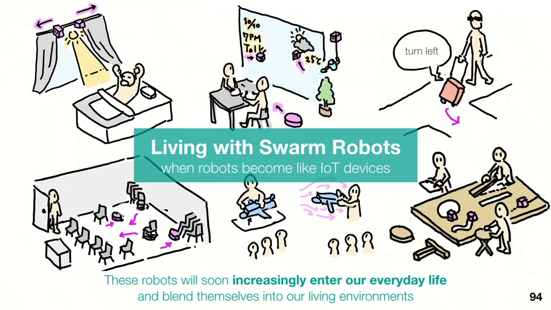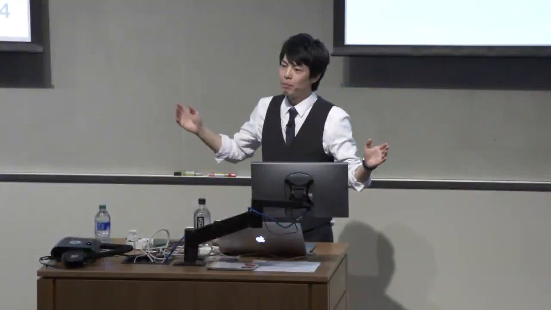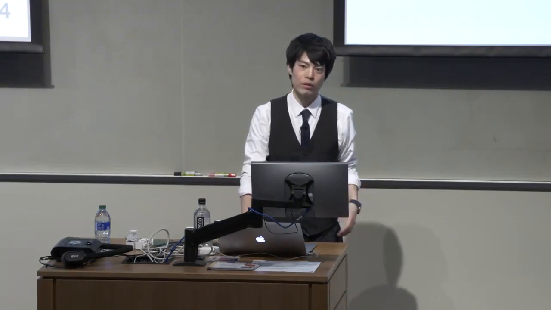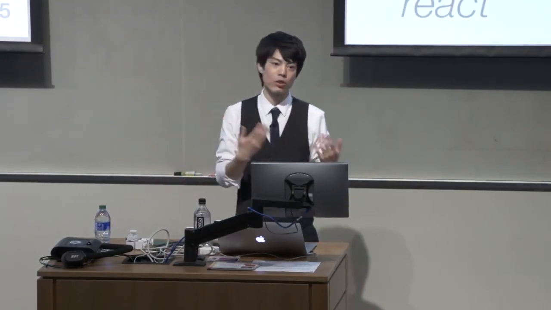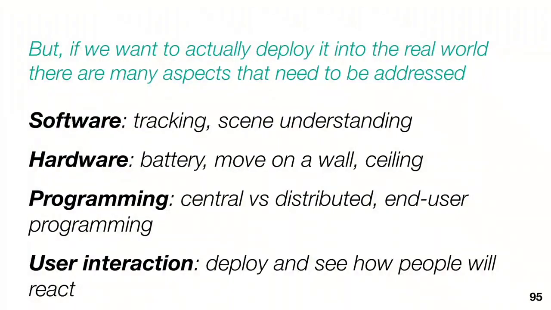In my previous work, I have tried to develop proof-of-concept prototypes to envision this kind of future. But if we really want to deploy into the real-world environment, we have so many aspects of the problem we need to solve today. For example, the software aspect, the hardware aspect, the programming aspect, and the user interaction aspect.